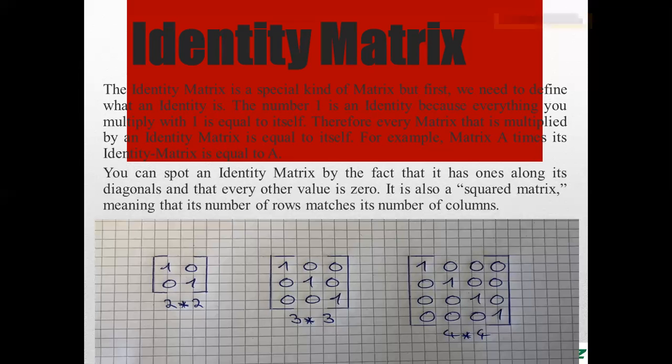The diagonal values are 1, and a 3 by 3 identity matrix. The diagonal values are 1 again, and same for the 4 by 4 identity matrix. Okay, so what is an identity matrix? It's a square matrix whose diagonal values are 1 and all the other values are 0, correct? So hope it is clear.